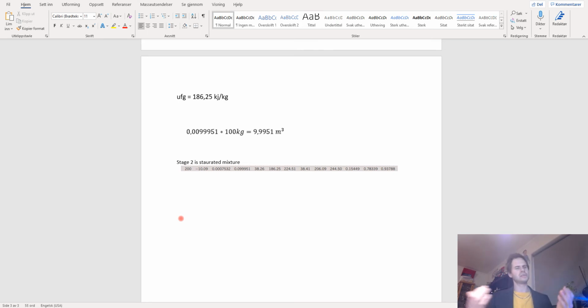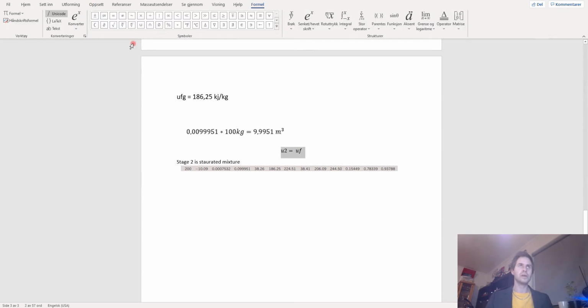Because it's saturated, you cannot just read it there. You have to figure out the saturation quality and so on. Look, you have this equation here. To find the internal energy, you need Uf. I will write in equation mode.